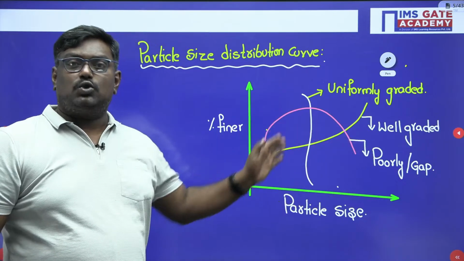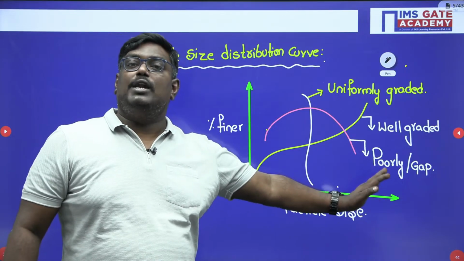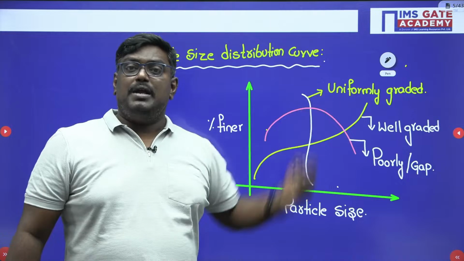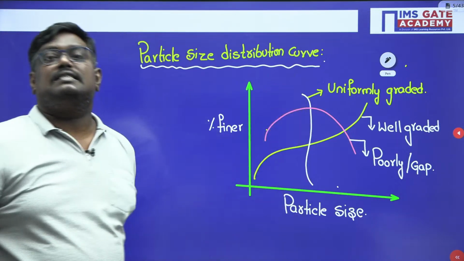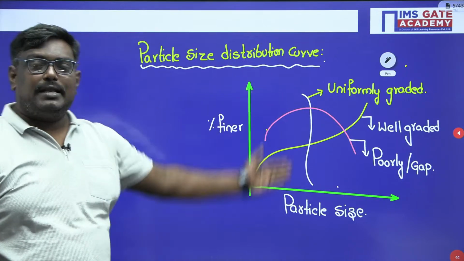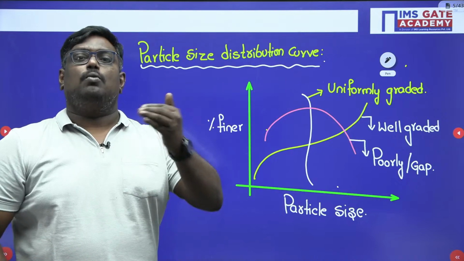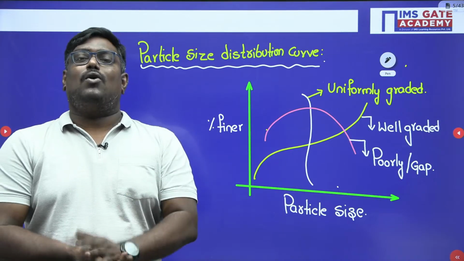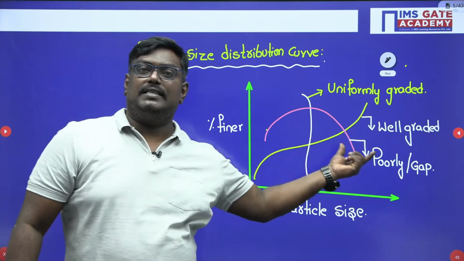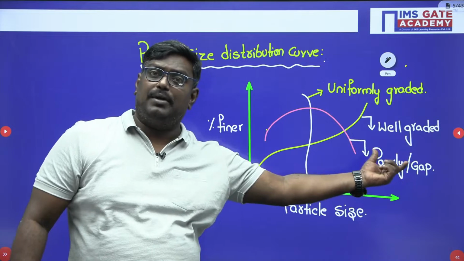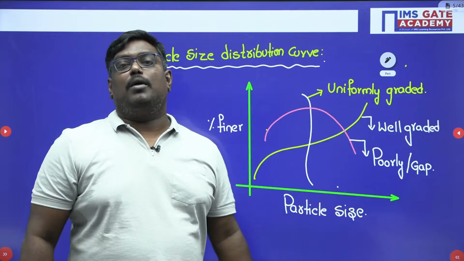If some particle sizes are missing, then we call it poorly or gap graded. What do you mean by uniformly graded? It means all the particles are of the same size. So there are three kinds here you have to understand. One is well graded: if particles of all sizes are present. If some particle sizes are missing, it is poorly or gap graded. If all the particles are of the same size, it is uniformly graded soil.